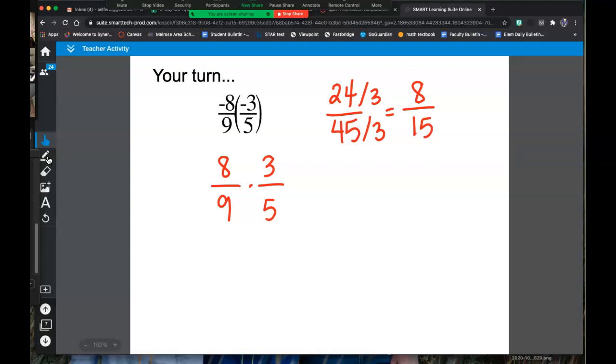I would have seen this 9 and 3 and recognized that 3 divided by 3 is 1 and 9 divided by 3 is 3. And then when you multiply, you get 8/15 right away. So either way, as long as you make sure that you have it in simplest form. Okay, questions there from anyone?